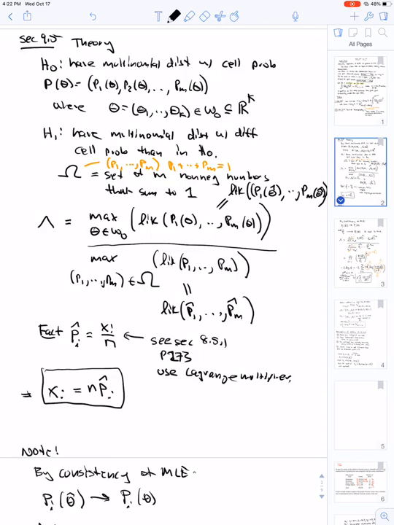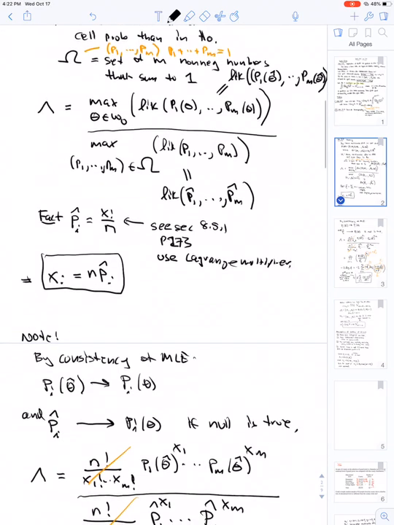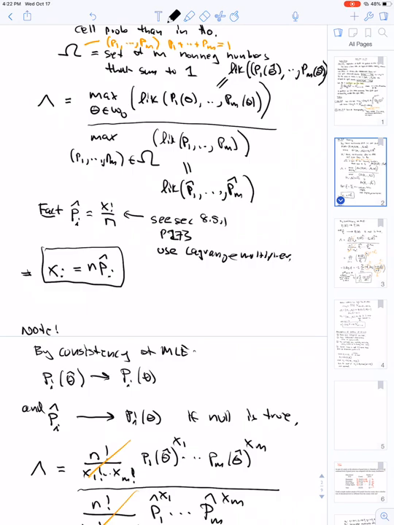So we have MLEs, but sort of different. One is an estimator of theta, and the other is an estimator of the probabilities. It turns out that the estimator of the probabilities is just xi over n, which completely makes sense. What else could it be? If you want to see a rigorous proof of this involving Lagrange multipliers, see page 273.